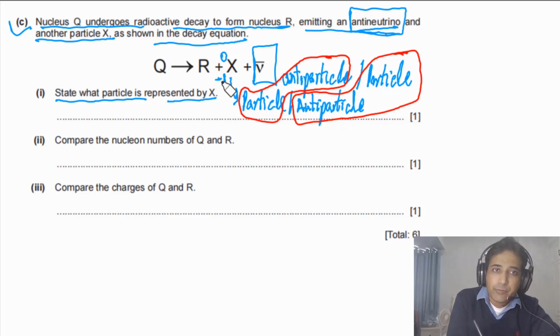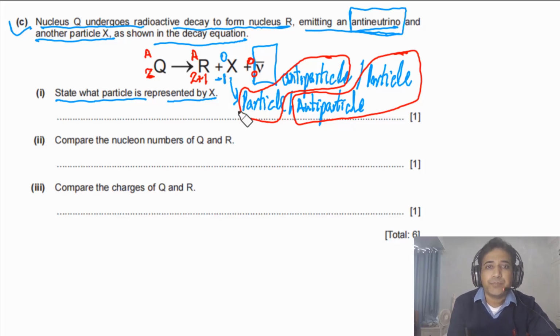Now in this case, if this is -1, let's say the atomic number of this one is Z, meaning it has Z protons, and the mass number is A. So this one should have Z plus 1 and this one should have A. So we can also write 0 here. Neutrinos have no charge and also no mass number.